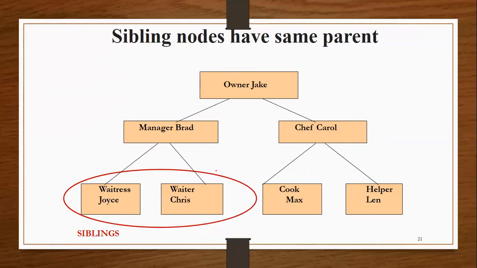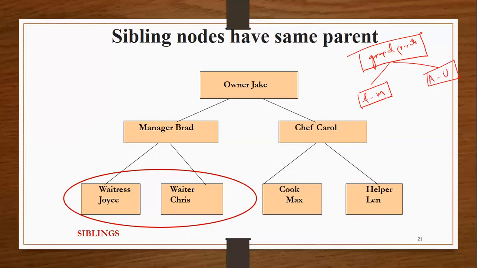Now the waitress and waiter are basically on the same level, so they are considered as siblings. Why are we calling them siblings? Suppose if we have a family tree, then you have your grandparents at the highest level. So these are the grandparents level. Then the grandparents' children, who might have your father, mother, and your aunt and uncle, suppose.